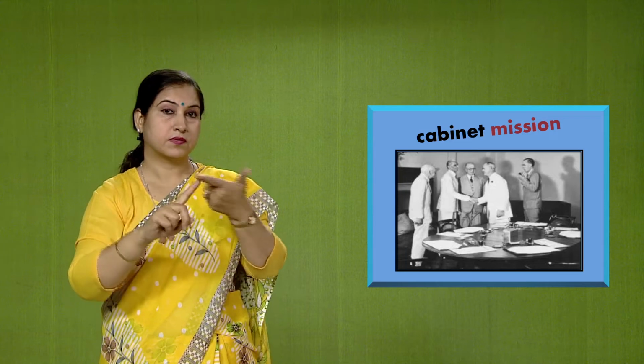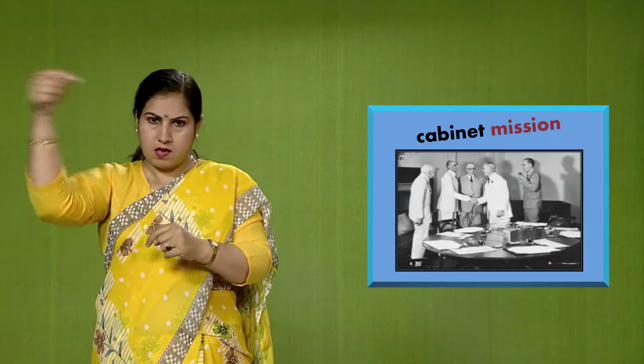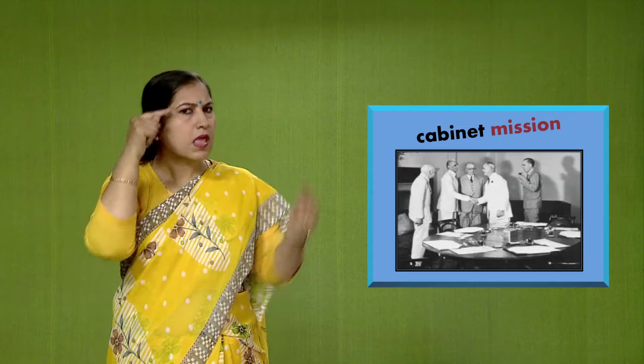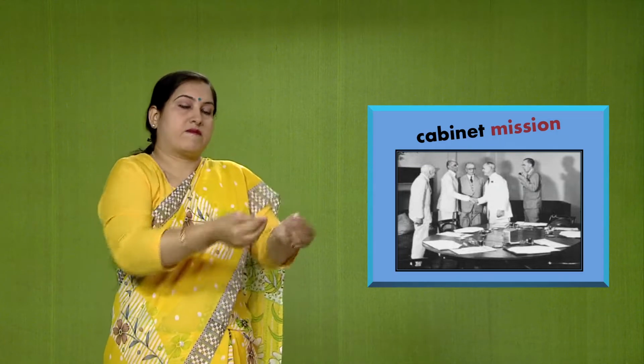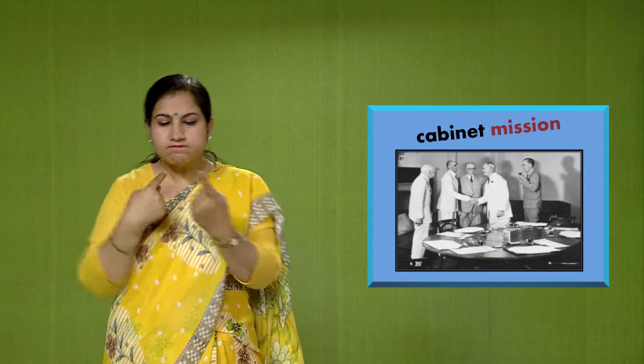Learners, in the year 1946, cabinet mission came to India. Its goal was to find the method of giving independence to India. The cabinet mission held talks with all the important political leaders and proposed to form a federal government in India.